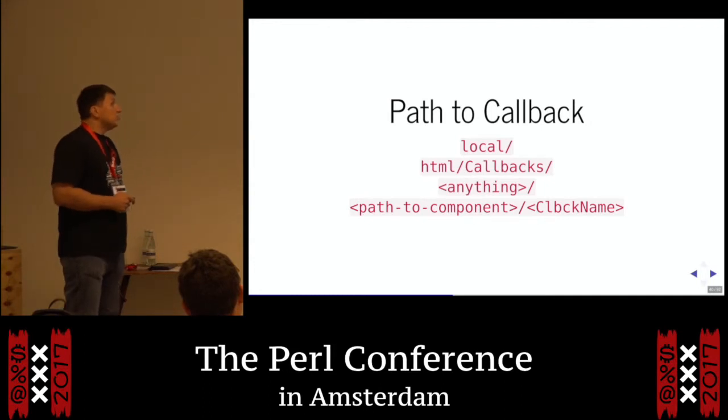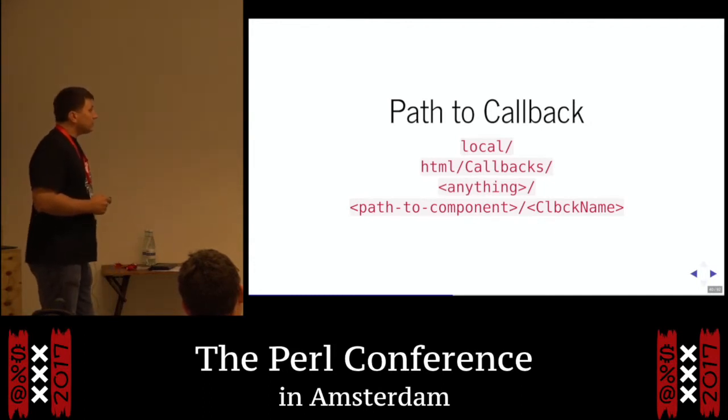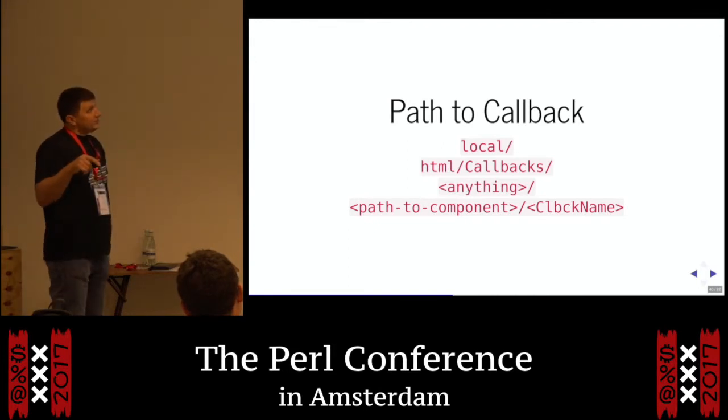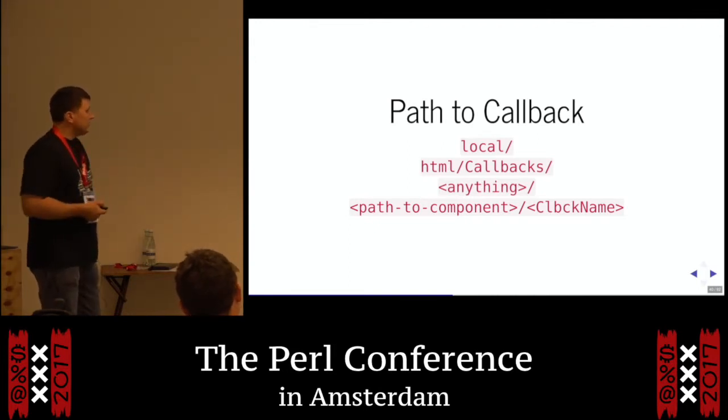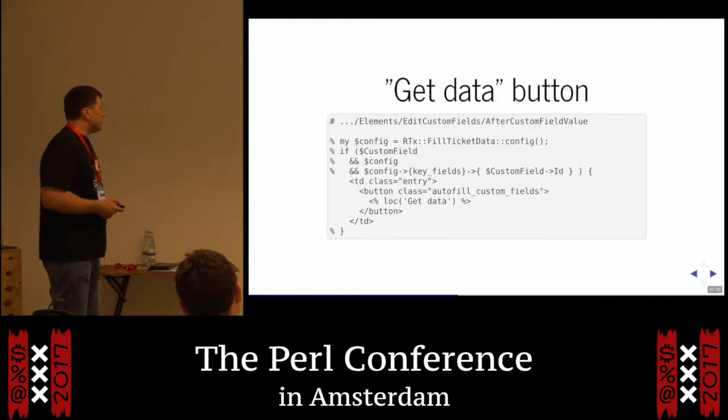We can just put a file with a callback into a directory, where local HTML callbacks is necessary. Anything can be just any name. The path to the component is relative to the RT root path, and the callback name is the callback name that we want to use.